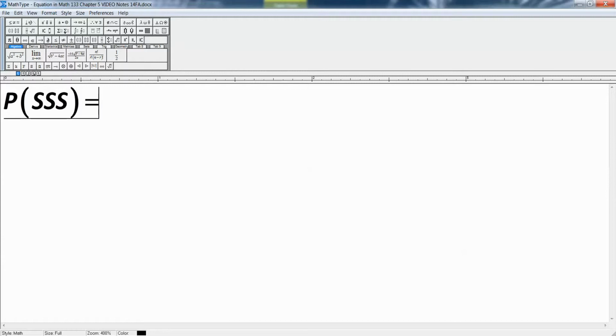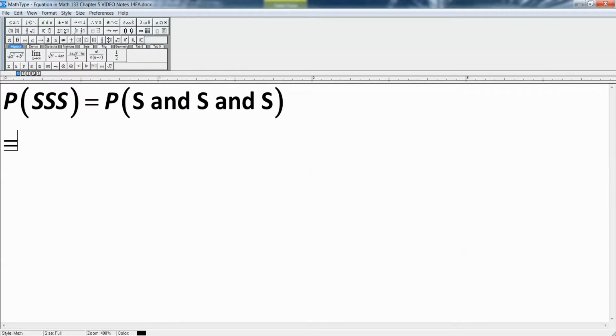SSS first. So it's implied in there that you want a success and a success and a success, right? So it's the probability of success and success and success. So this is the probability of success, which was 0.77, times the probability of success, times the probability of success.